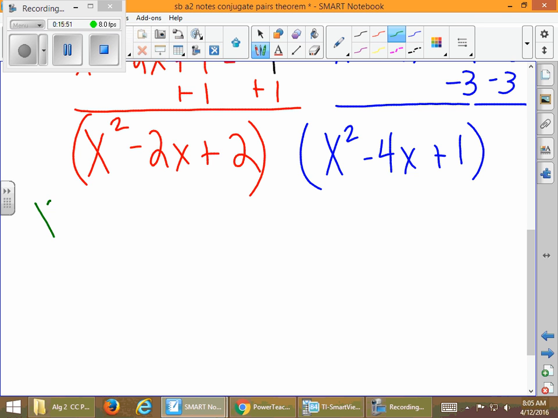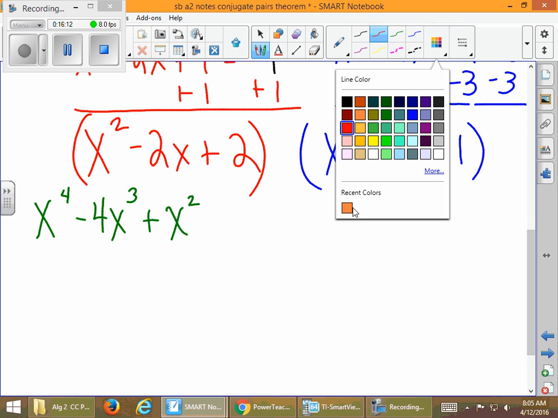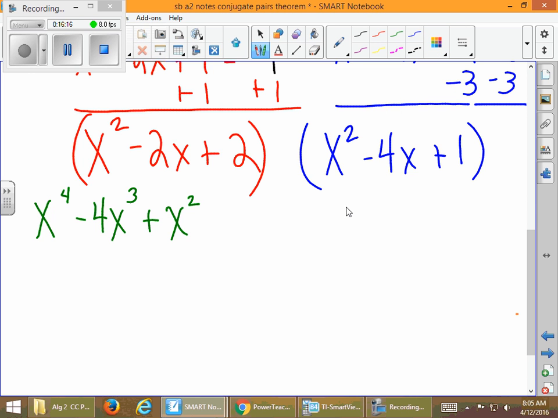by x squared, which is x to the 4. X squared times negative 4x is negative 4x cubed. X squared times 1 is x squared. Negative 2x times x squared is negative 2x cubed.